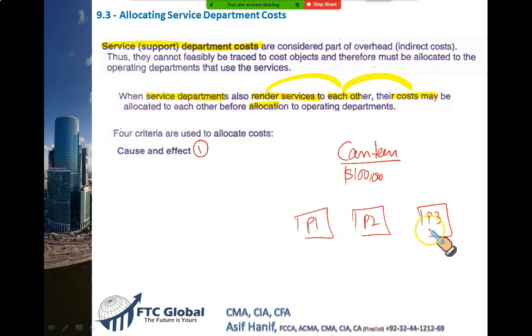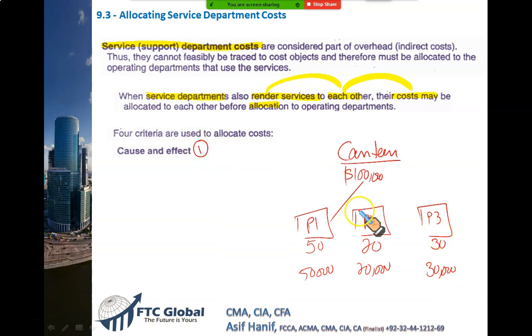In these production departments, we have 100 people. Out of these, 50 people are in department 1, 20 people are in department 2, and 30 people are in department 3, which means 50% of cost, $50,000, should go to P1, $20,000 of the canteen cost should go to P2, and $30,000 of the canteen cost goes to P3.